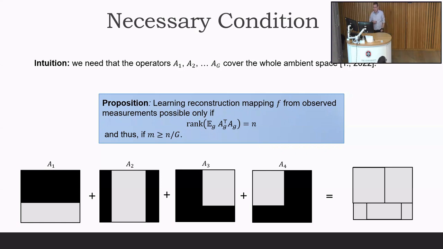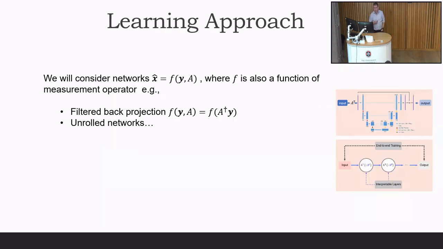Okay, and another thing that we need to consider in the multi-operator learning is we now need to consider networks that explicitly take not just my measurements, but my measurement operator.